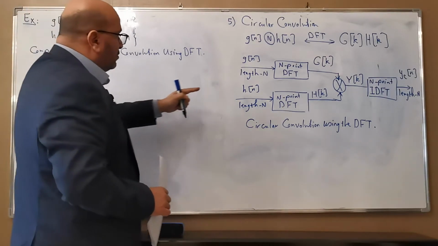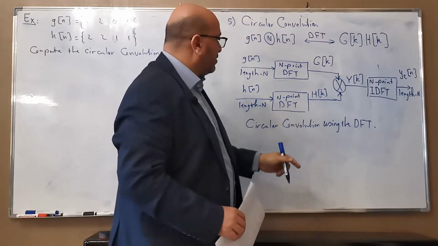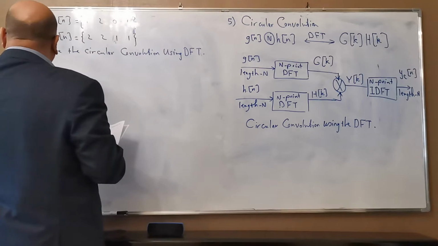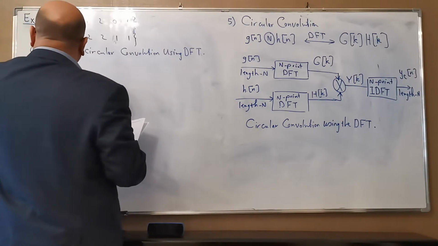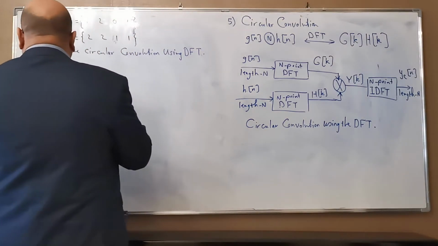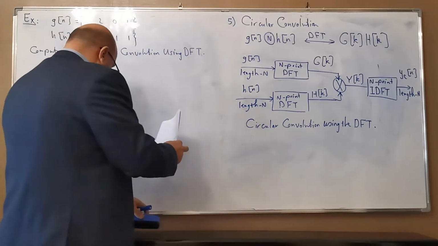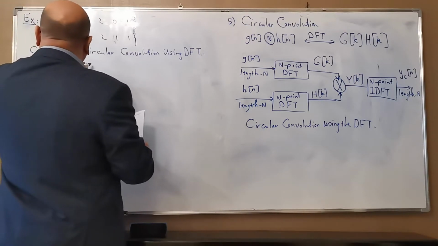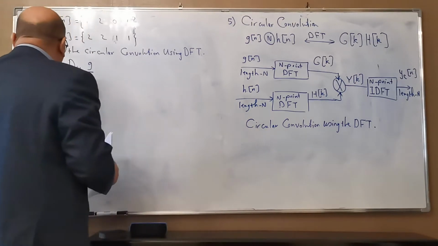To do this, we're going to do what we have here in the block diagram. We first need to find g of k, which is g as a vector. So g as a vector equals D4 times g as a vector.